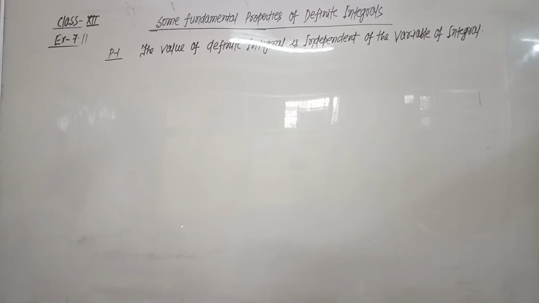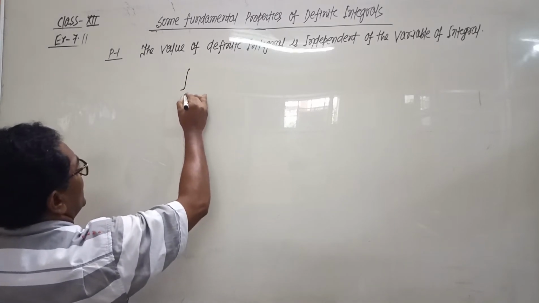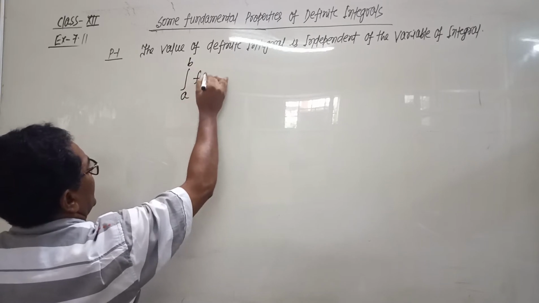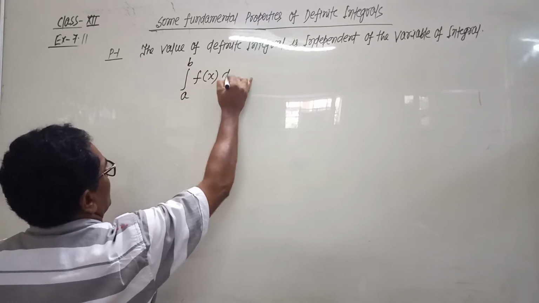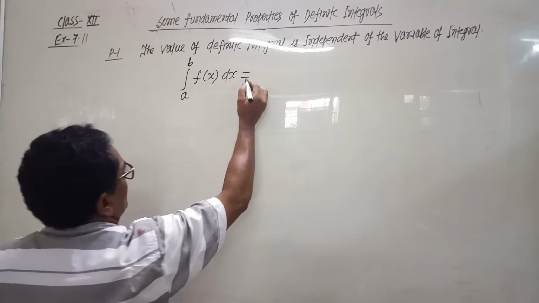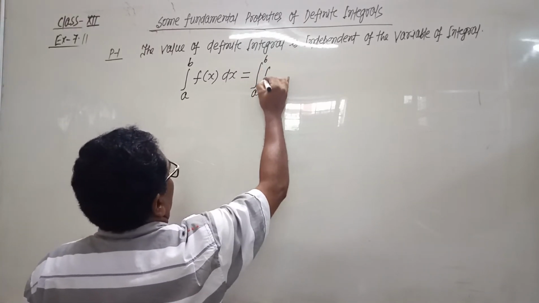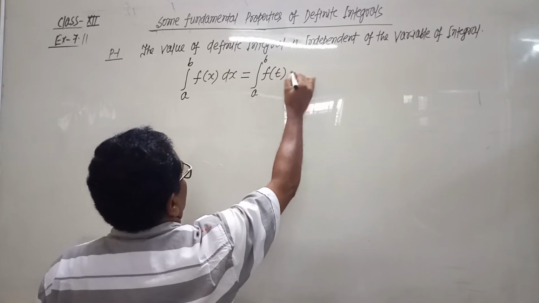As for example, integration a to b f(x) dx is equal to integration a to b f(t) dt.